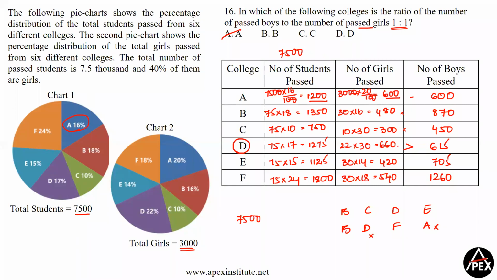Can it be D? No, because 660 minus 615 is 45. Now coming to B, 870 minus 480, this is 390. Now coming to F, 1,260 minus 540, this is 720. So this value is max.